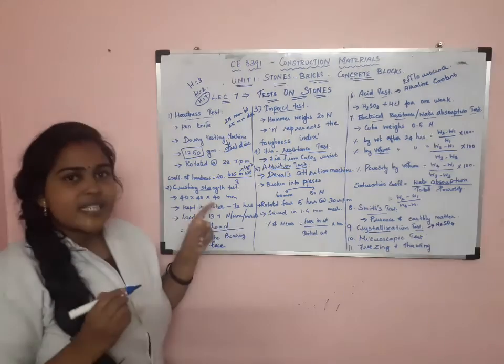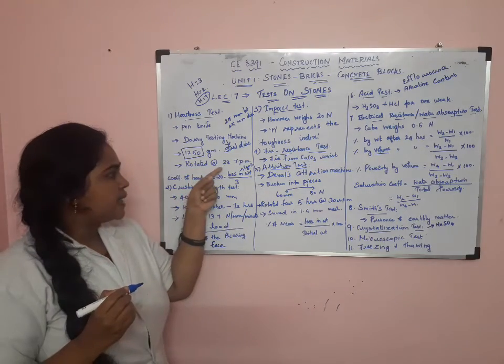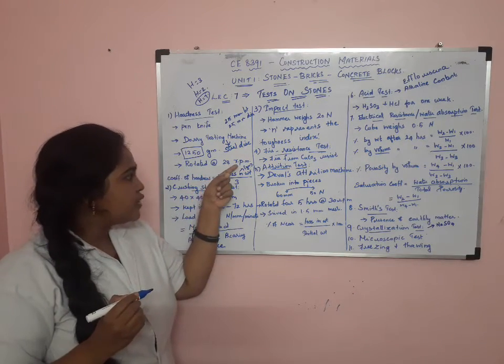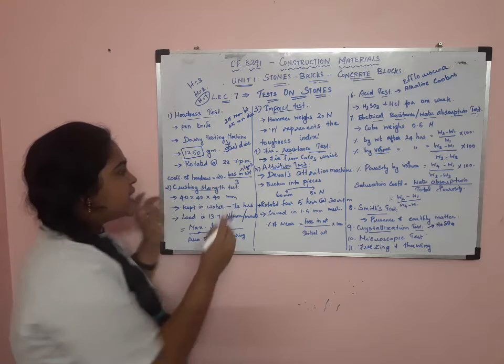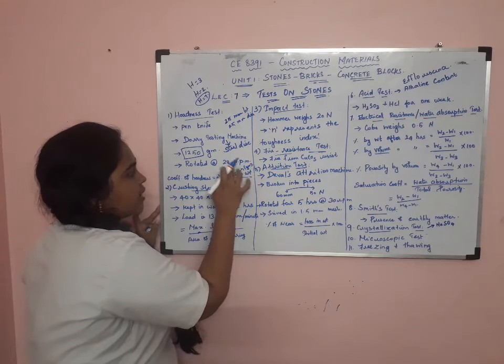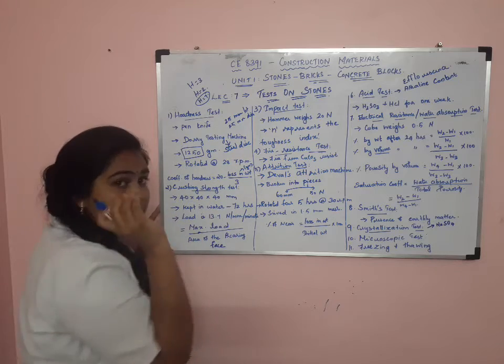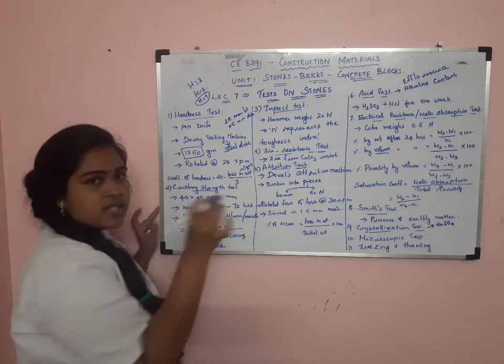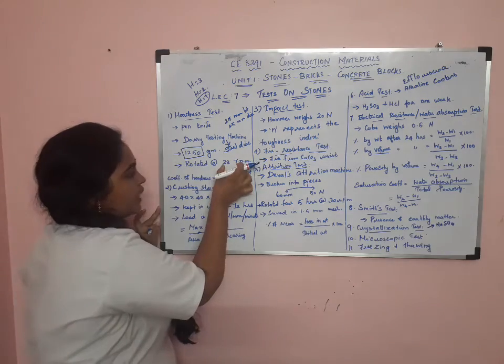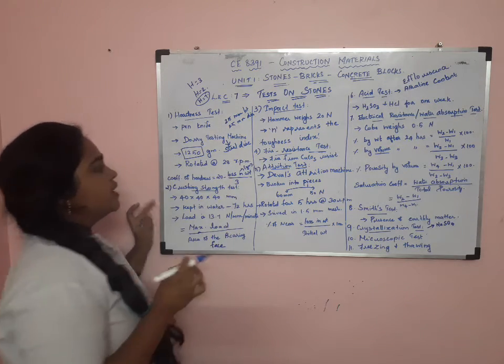This steel disc is rotated at a speed of 28 revolutions per minute. That is, 28 revolutions are made per minute.